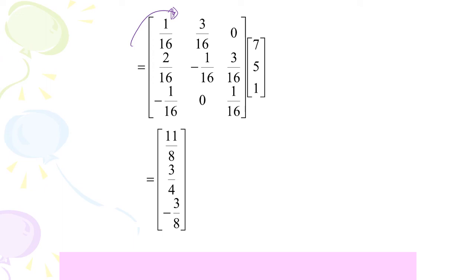We just multiply matrix B and B, the B from the previous question and the B from the system of linear equations. We multiply this first, and then finally we multiply with the constant 1 over 16 for every element. Now we get the result X equal to 11 over 8, 3 over 4, negative 3 over 8. Don't forget to write down your answer for X, Y and Z.